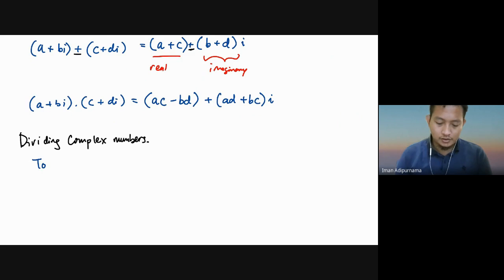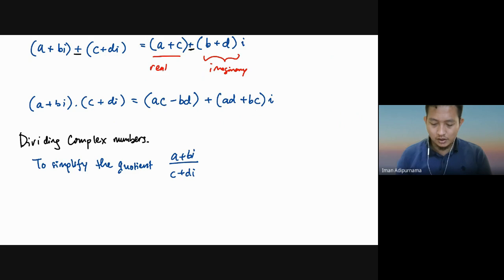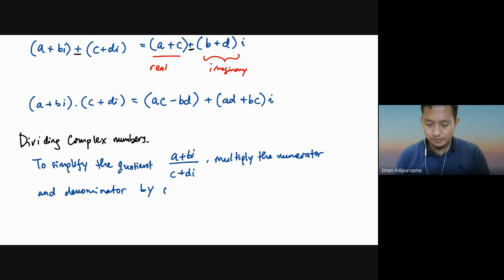So let me write to simplify the quotient a plus bi divided by c plus di, and to multiply the numerator and denominator by the complex conjugate. It's similar to rationalizing. Let me show you how.